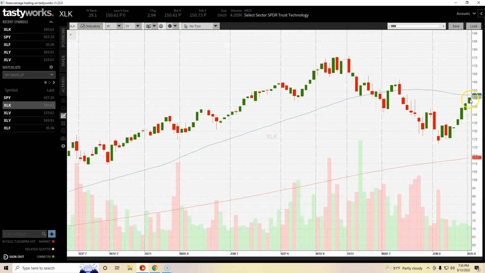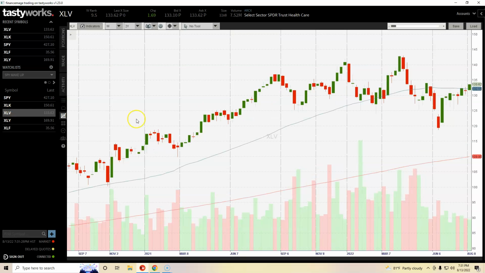The thing that's different about this candle is the body wasn't as long or as wide. Maybe the tail is a little bit longer. We see a little bit drop off on volume, but we have the technology ETF looking very similar to the S&P 500, just a little bit below that 50-day moving average.